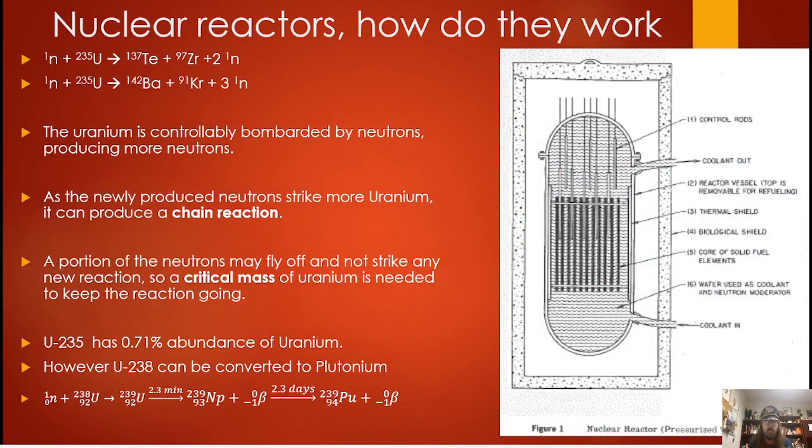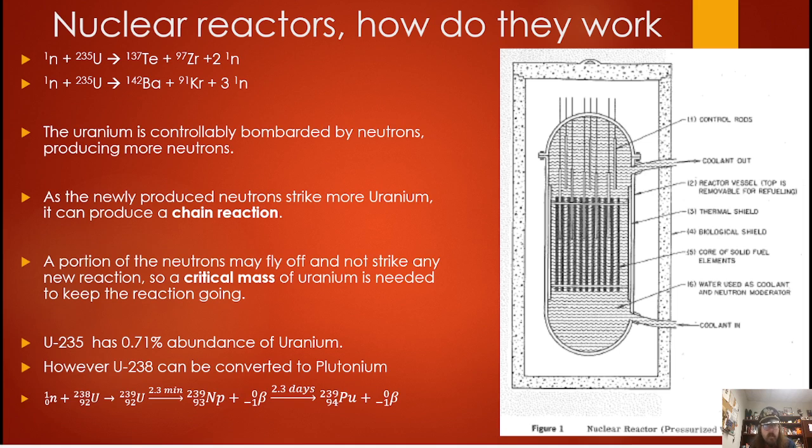So the idea here, nuclear reactors are just glorified tea kettles. They're really, really fancy, but the idea here is that we allow uranium to be bombarded by neutrons. A specific isotope of uranium can be bombarded by neutrons, and it will fragment.